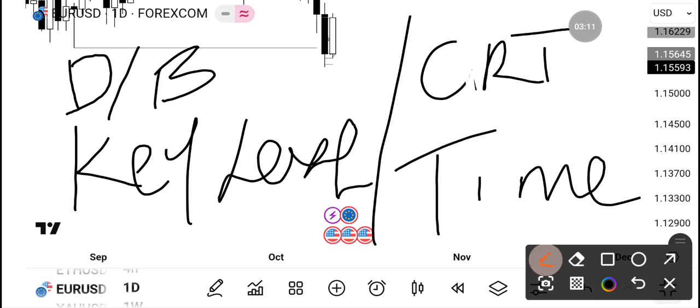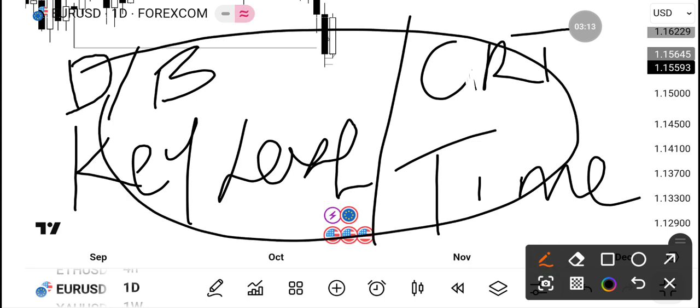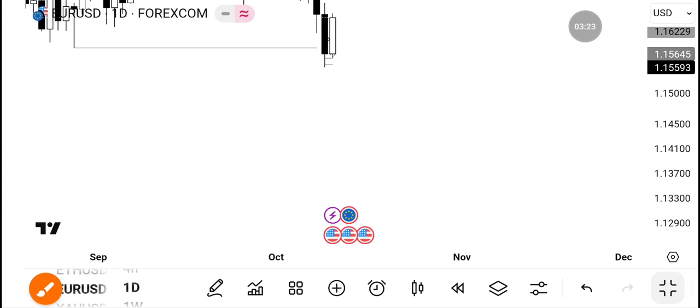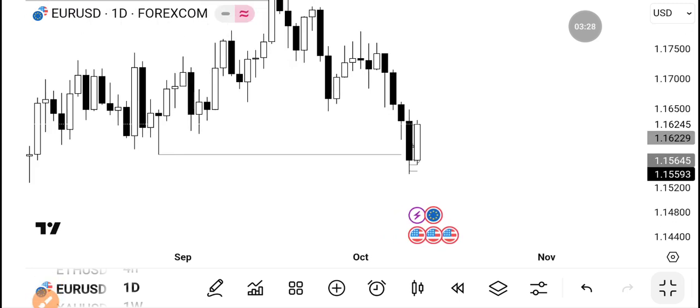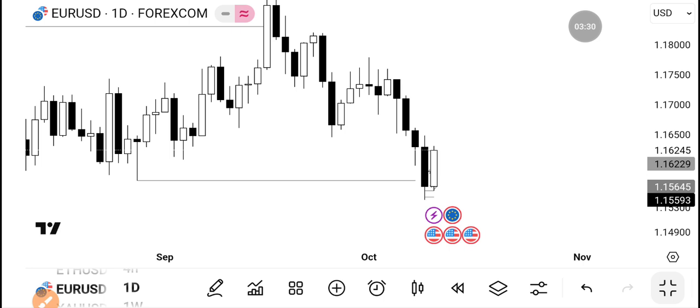So I'm going to play all these into the trade we took this week. First of all, the directional bias of this chart is what? Bearish, right?